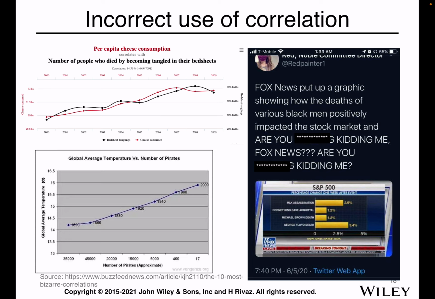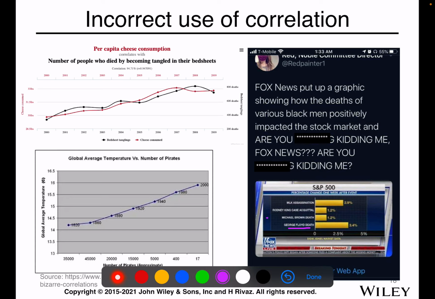Here you can see George Floyd, Michael Brown, Rodney King, and MLK, right? I don't watch Fox News, so I don't know what the argument was, right? But if you have only 3 data points, right? Actually, sorry, in this case, 4 data points, right? You can show correlations just by chance, right? Because you don't have enough data to substantiate your claim that these two are correlated with each other. Okay.